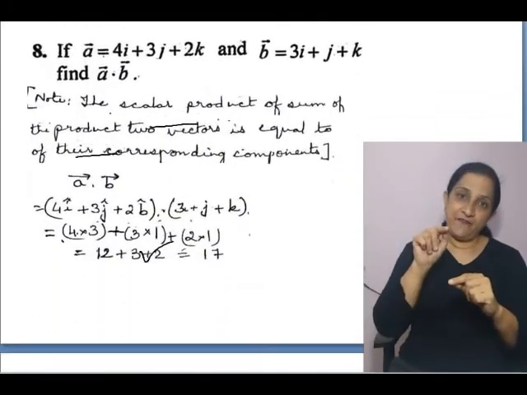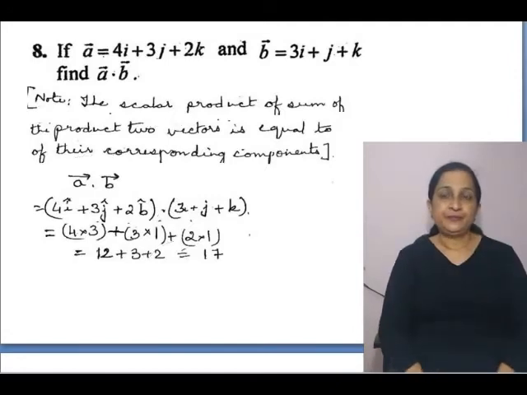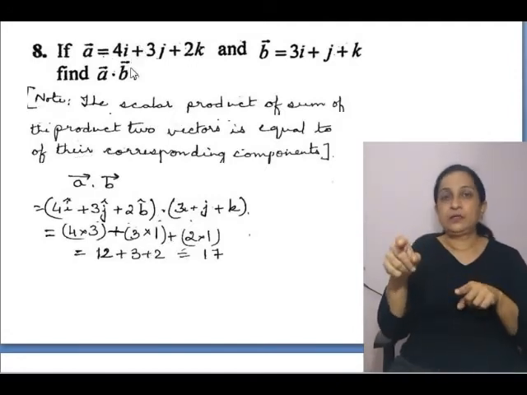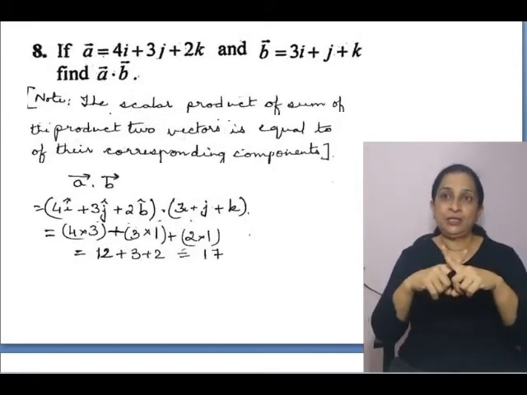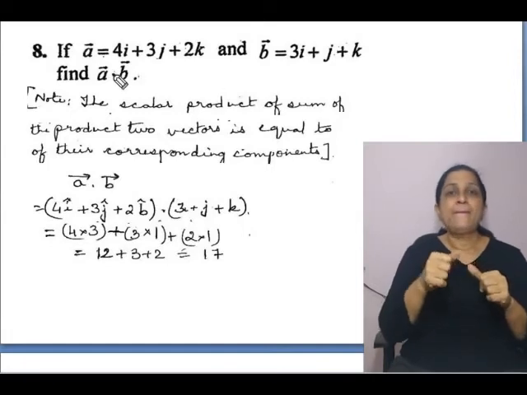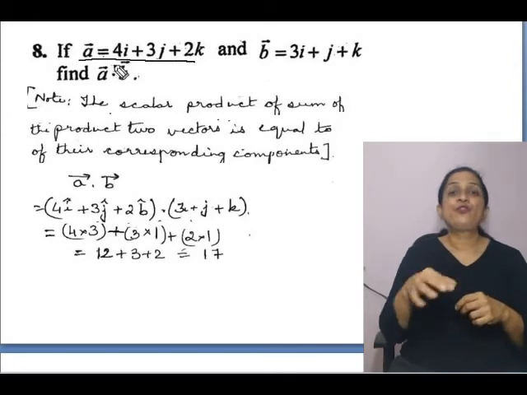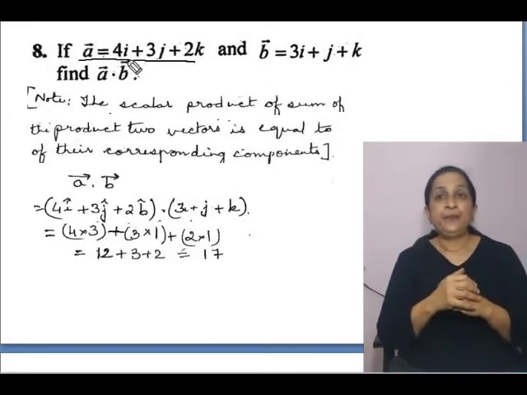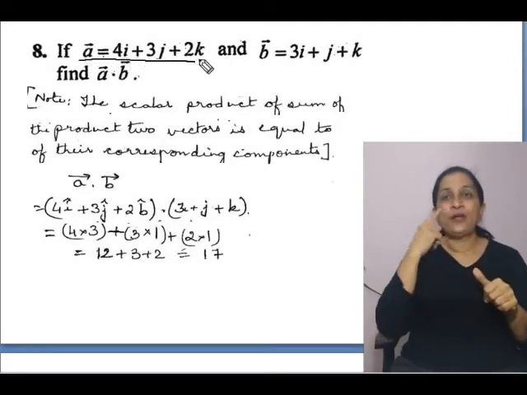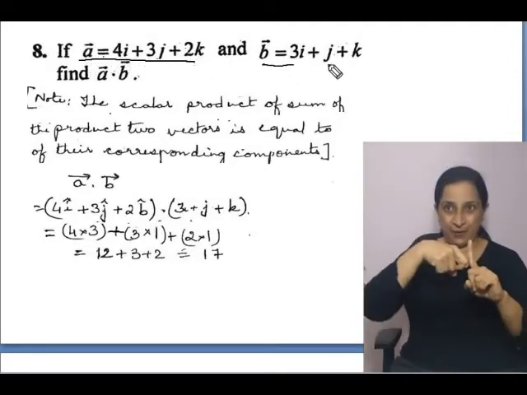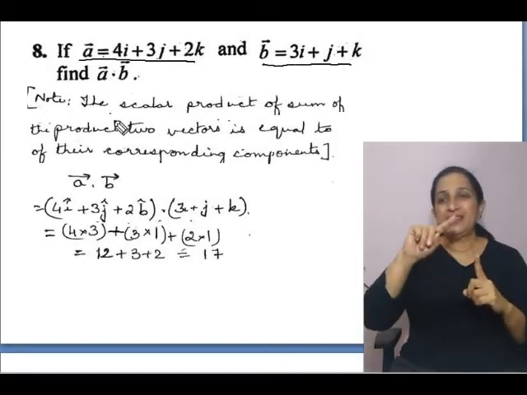Let us move on to the eighth problem. This is also very simple, where the scalar product is asked of two quantities, a bar and b bar. Vector A is shown by 4i plus 3j plus 2k and vector B is shown by 3i plus j plus k. So the product of these vectors has been asked.